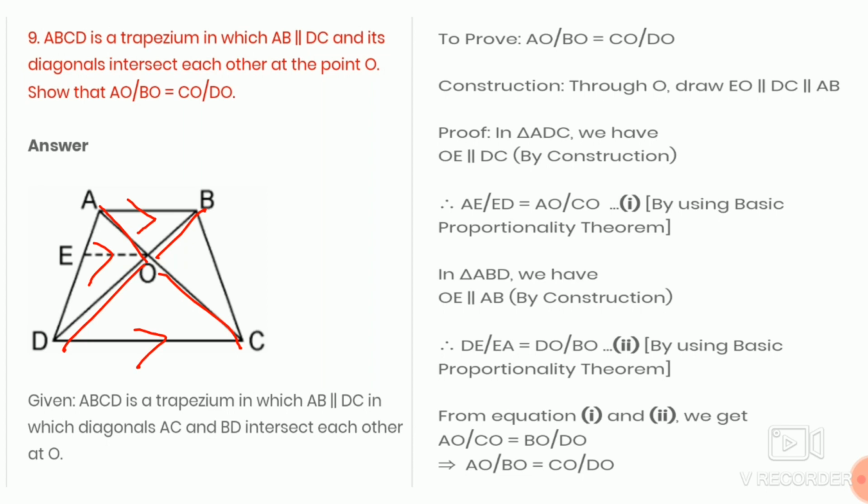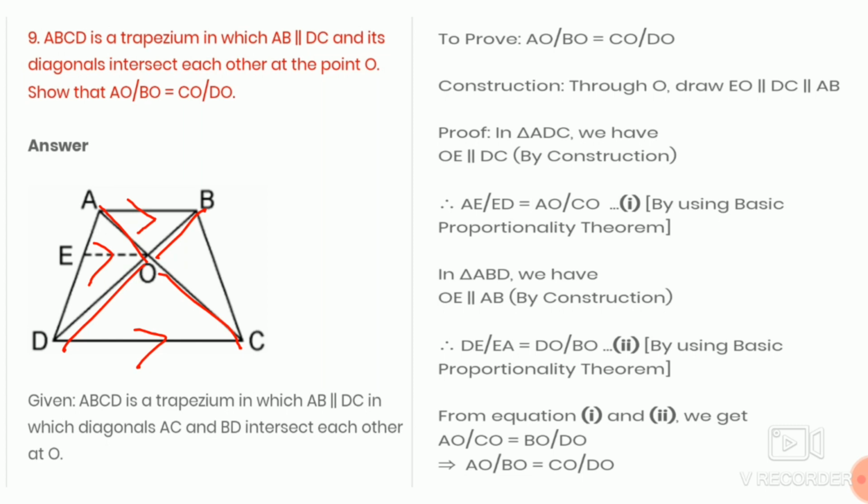So from triangle ADC we can do the same thing. In triangle ADC we have AC, which is a combination of AO and OC, which also has this constructed line OE in it.